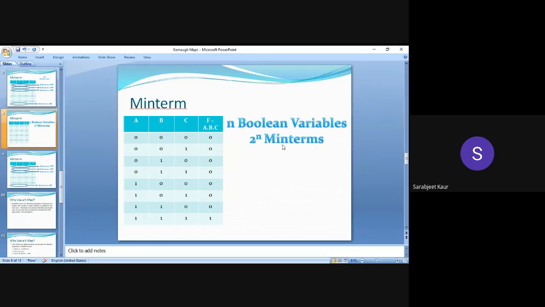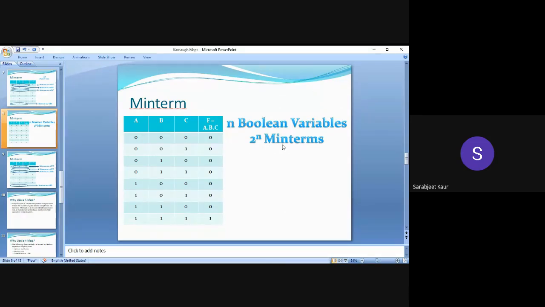And for each min term, we have a cell in the Karnaugh map. Yes or no? You just saw that. How many squares in a 3 variable Karnaugh map? 8. How many squares in a 2 variable Karnaugh map? 4. 2 raised to the power of 2 is equal to 4.